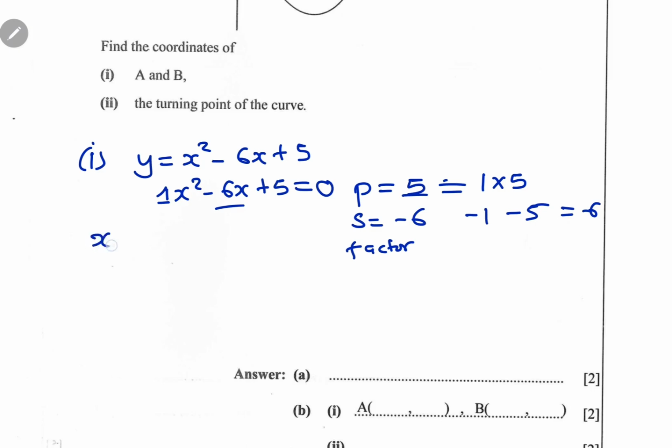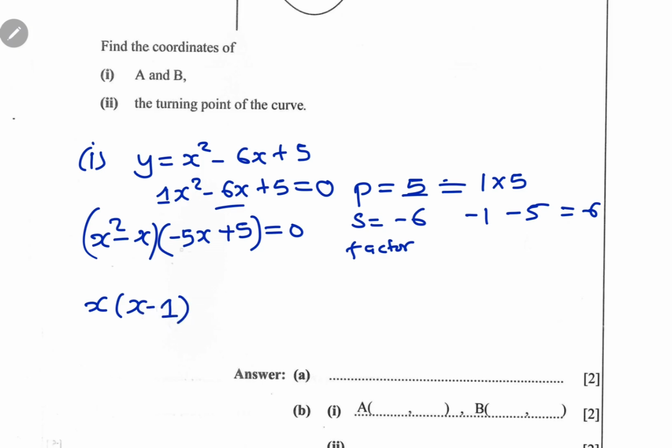So let us replace: x squared minus x minus 5x plus 5 equals 0. We can group these. What are we going to have in the first part? What is common? x is common. What remains? x minus 1. Then the second one, what is common? -5.